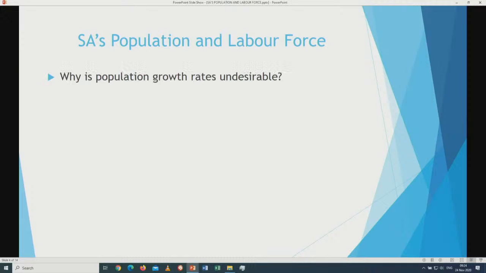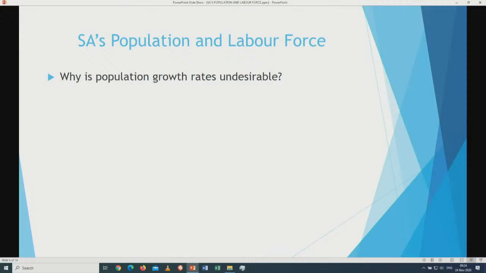Right, let's continue. Why is population growth rate undesirable? Why do we have a problem with a population that is continuously growing? Like our population in South Africa that is growing at 2.7. Why is that a problem?